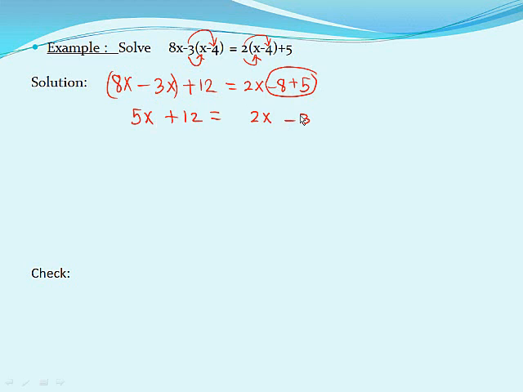So we are going to subtract 2x here, and 2x is subtracted on the other side too. So getting 3x plus 12 equal to negative 3.